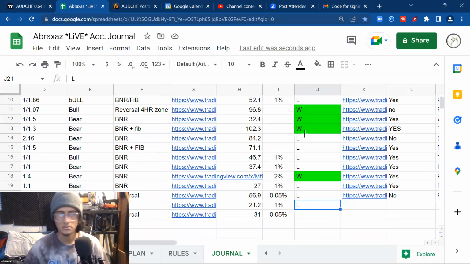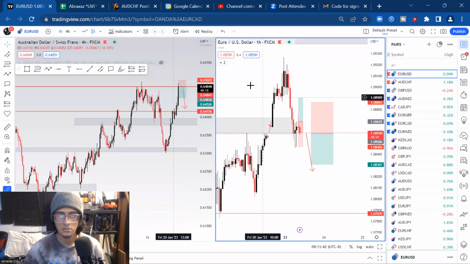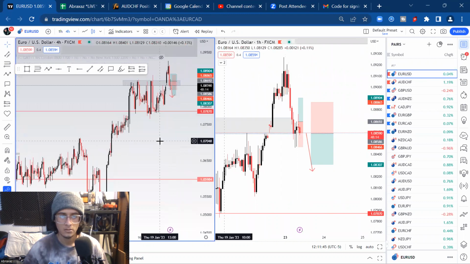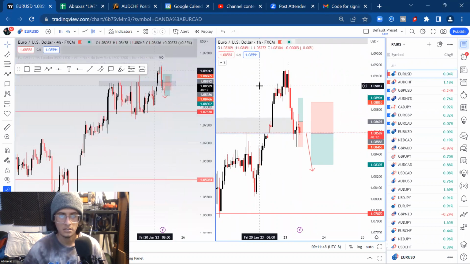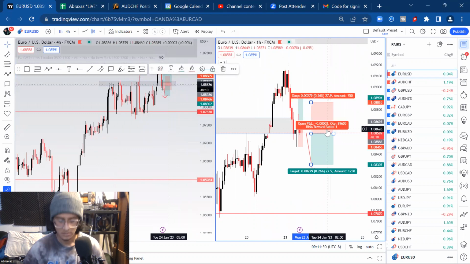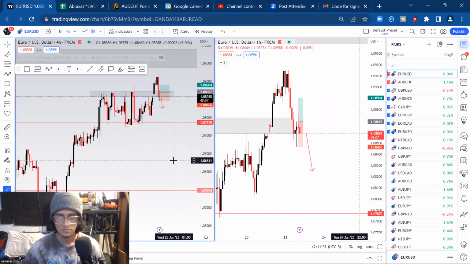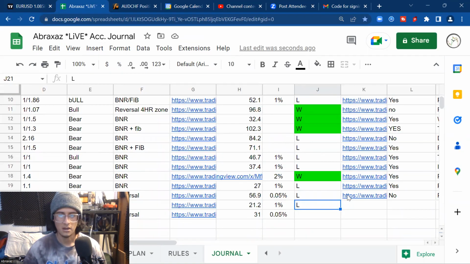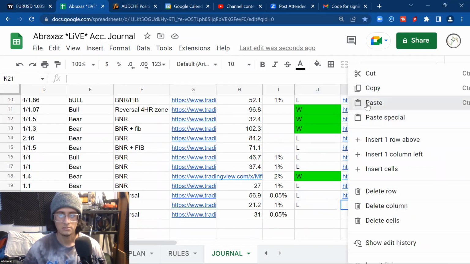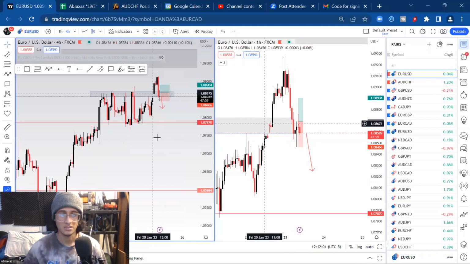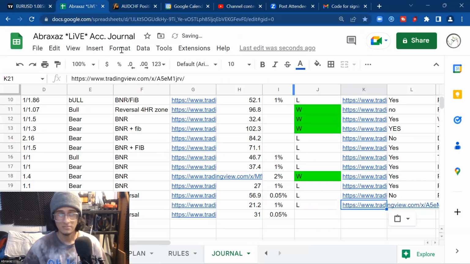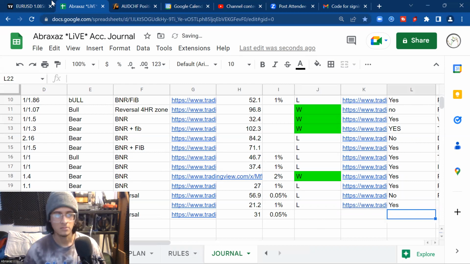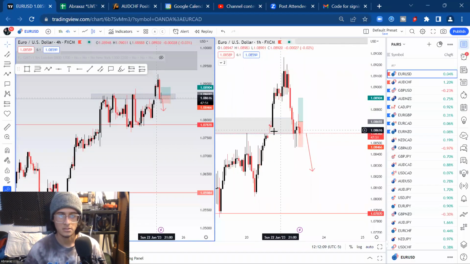Okay, hold up. I'm gonna log that real quick. Actually, let me take this off first, just to show that I got out halfway to stop loss. Now let's see, following the trading plan, I did follow it. It was pretty good. Break and retest right there, if I do say so myself.